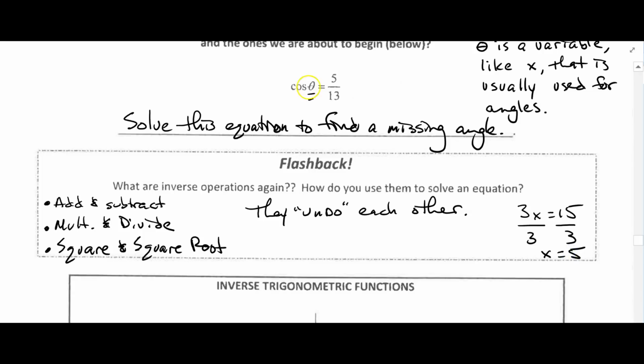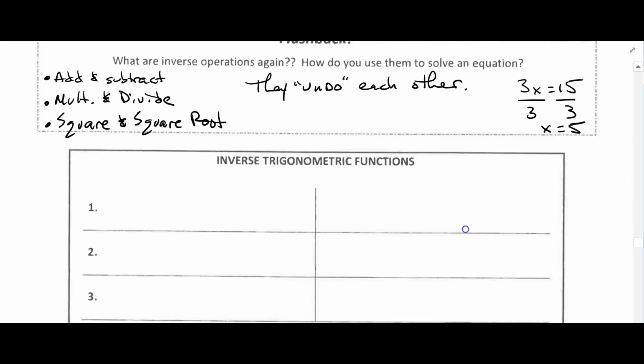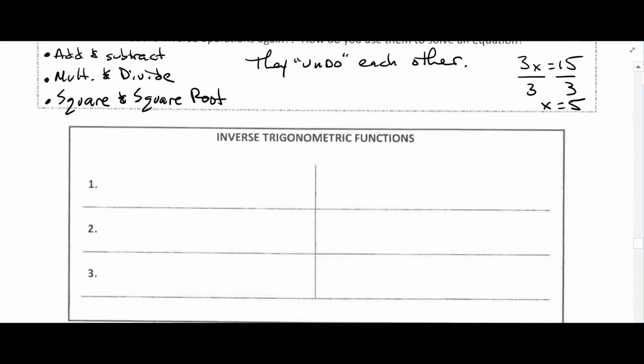So we're going to have to figure out how to undo these trig functions. So let's take a look at the inverse trig functions. It really isn't any fancier than adding, subtracting, multiplying, dividing, square, and square root. So the inverse operation for sine is sine inverse. And the way that we're going to show this is we're going to write sine to the negative 1. This negative 1 we say sine inverse.